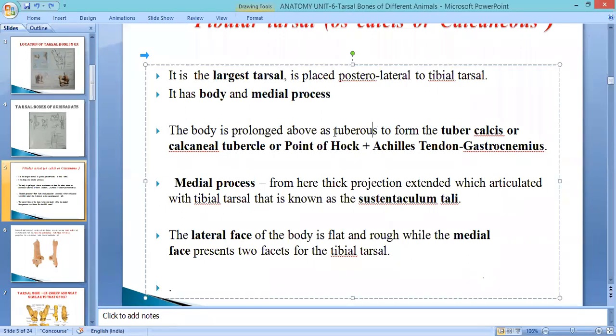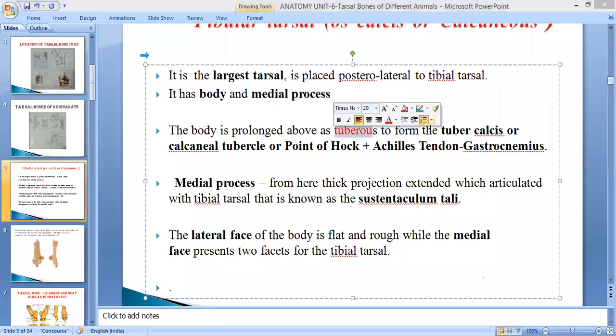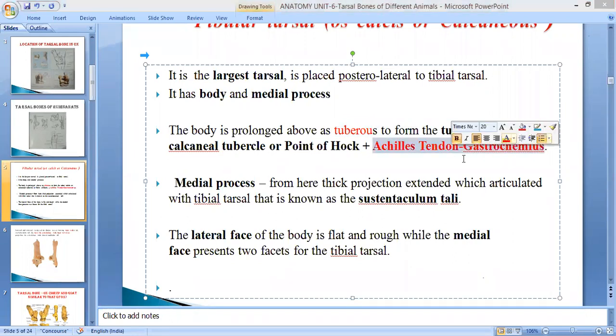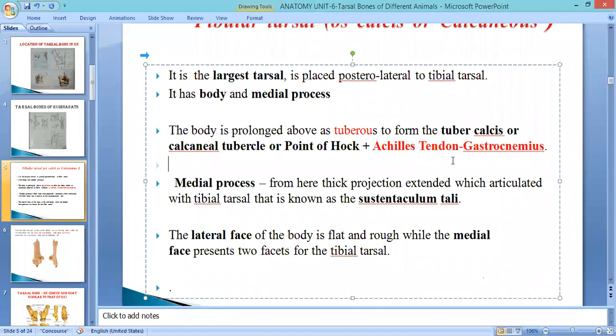This tuberous structure is called the tuber calcis, calcaneus tubercle, or point of the hock. It is for the insertion of the tendon of the gastrocnemius muscle, which is called the Achilles tendon. This point, the tuber calcis, is for the insertion of the gastrocnemius muscle. We see in our own body also that the gastrocnemius muscle is present.